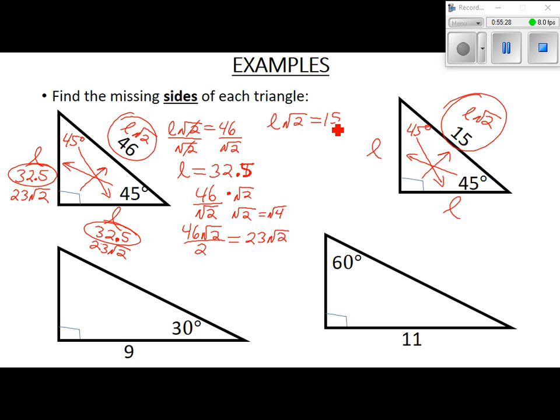L is going to end up equaling, we take half of 15, what's that give you? Nobody knows what half of 15 is? 7.5. And we have to times that by the square root of 2. You could just leave it that way. L equals it there.